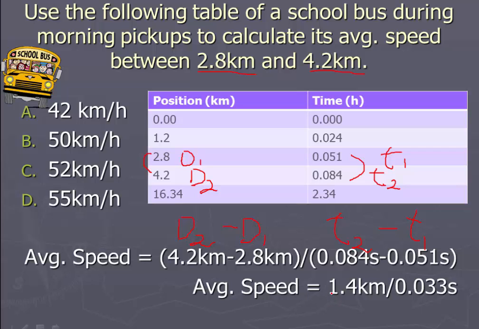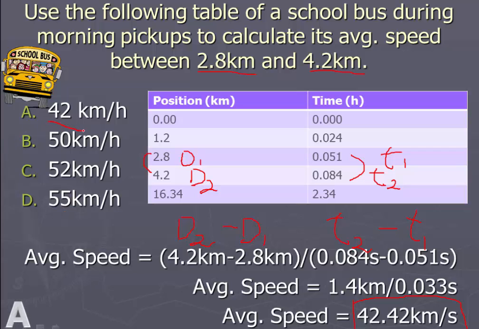So that's going to give us 1.4 kilometers divided by 0.033 hours. So when we calculate that out, that's going to give us 42.42 kilometers per hour. And when we round that, it's going to give us 42 kilometers per hour.